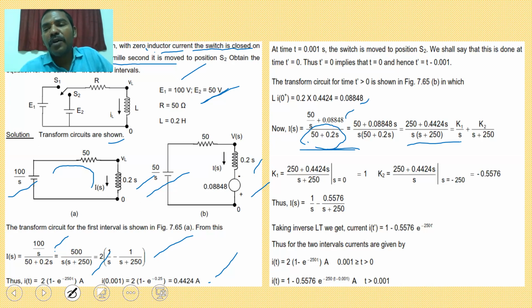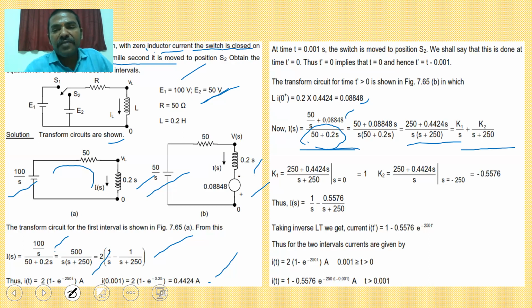So now I am going for the partial fractions. So k1 divided by s plus k2 divided by s plus 250, where k1 and k2 are the residues of your partial fractions. For finding the value of k1, k1 is equal to I of s into s, such that s is equal to 0.